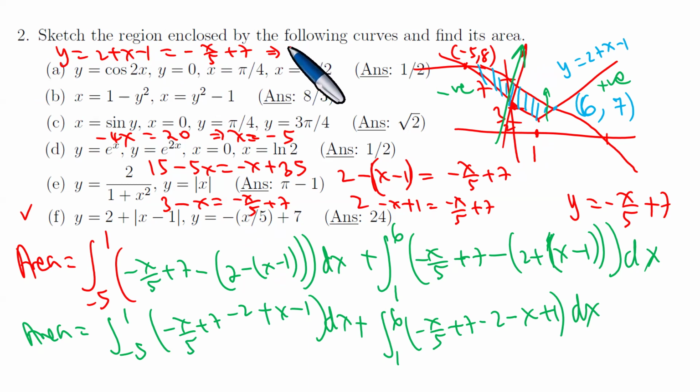This means that you have exactly 1 plus x equals minus x over 5 plus 7. Multiply through by 5, which is 5 plus 5x equals minus x plus 35, which gives 6x equal to 30. 30 divided by 6 is 5.